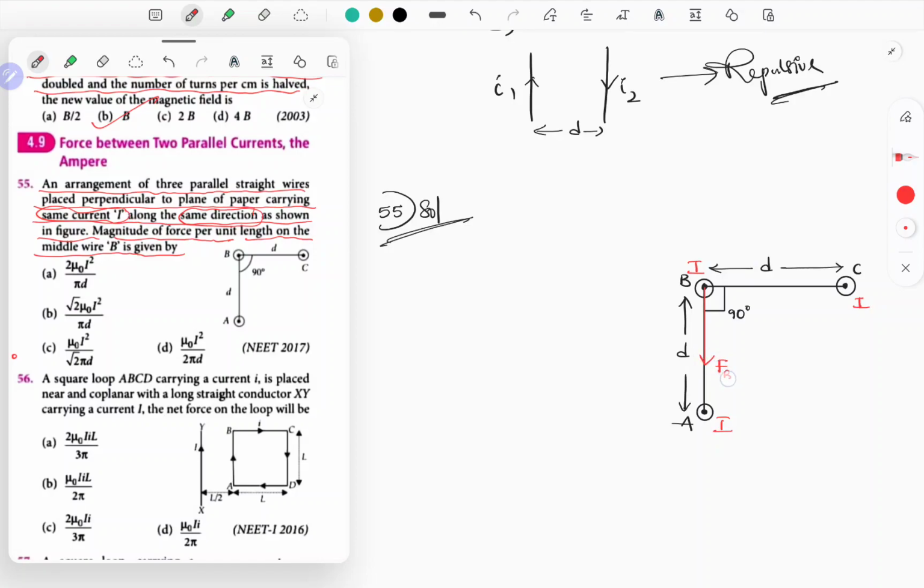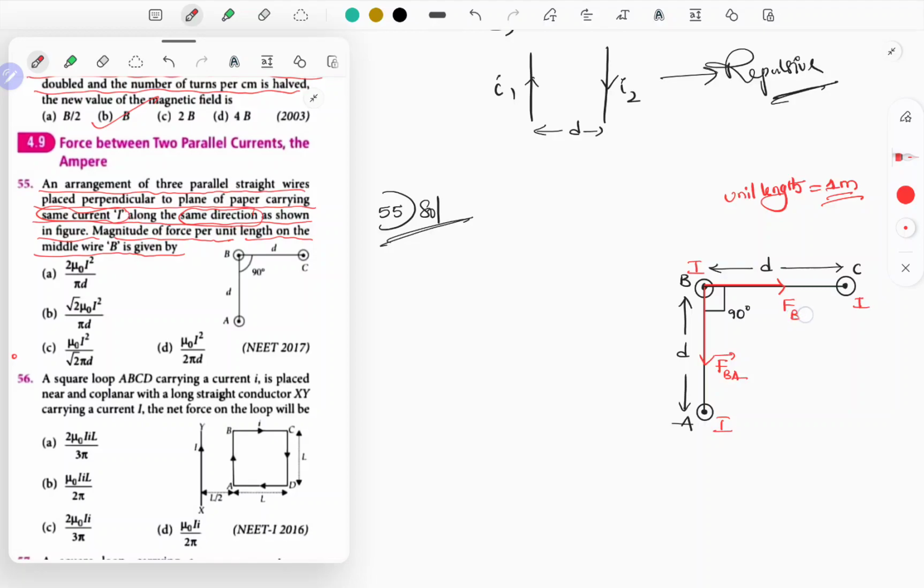Force on B due to A per unit length. Meaning of unit length is length of 1 meter. So I'm not substituting that 1 meter here, no need to worry about that. Next, force acting on B due to C is towards right.